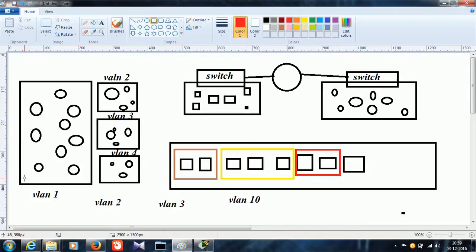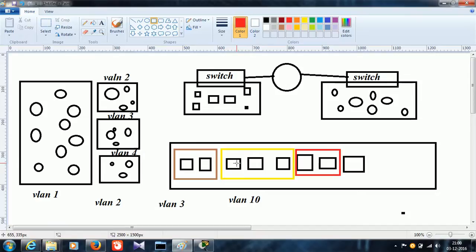When I create multiple VLANs and start assigning them to the switch ports, for example, these two ports are in VLAN number 2. So these two ports can communicate with each other, but they cannot communicate with the yellow one or the red one. Similarly, the three ports in the yellow box can speak to each other.